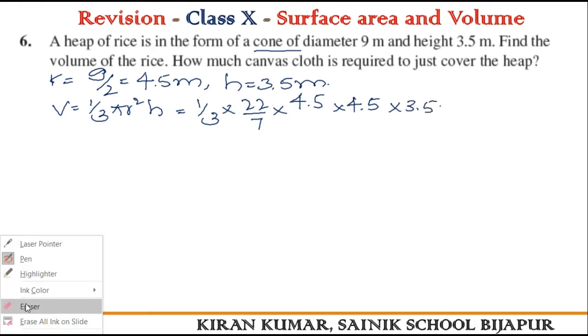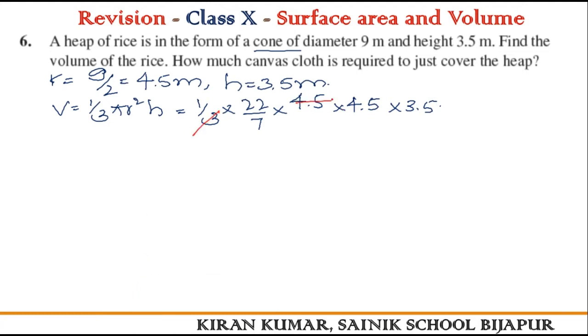We can simplify this. 1.5 times 4.5, 0.5 times 3.5. So we'll be getting 74.25 meter cube. This is the volume.